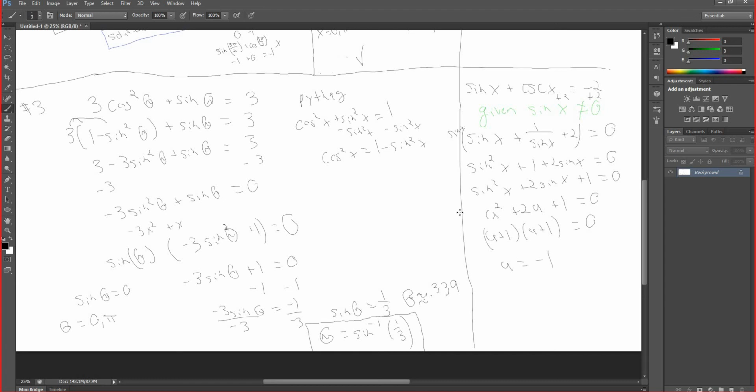I'm going to say u equals sine of x. I can now put sine of x back in. And then I'm just looking for what angle gives me a y-coordinate of -1. And we know for this, the only answer is 3 pi over 2.